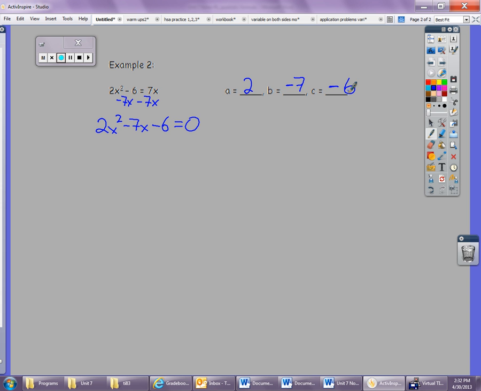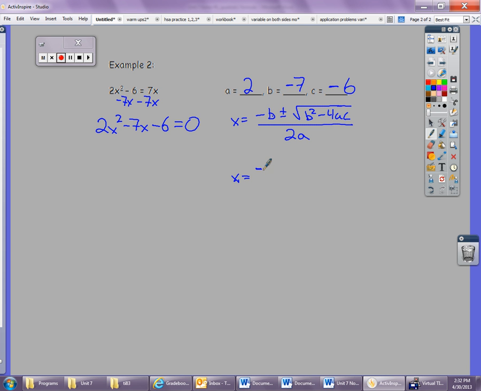And now I'm going to write my formula down. So it's x equals negative b plus or minus the square root of b squared minus 4ac all divided by 2a. So I have my a, my b, and my c. So now we just plug everything in. So we have x equals, now it's a negative b.